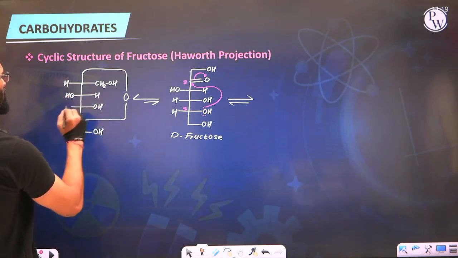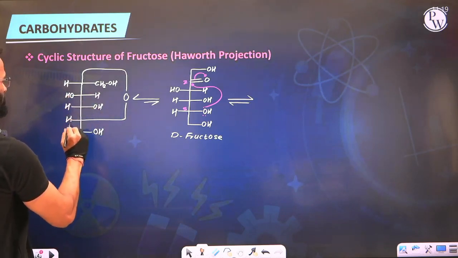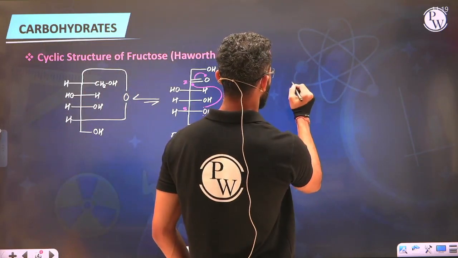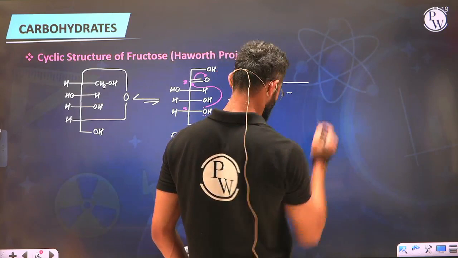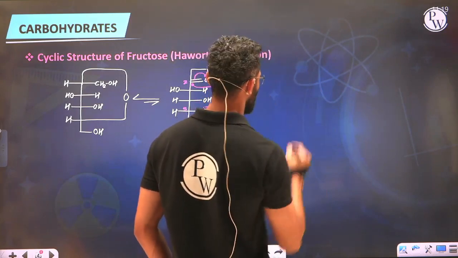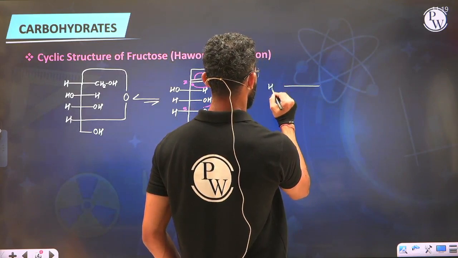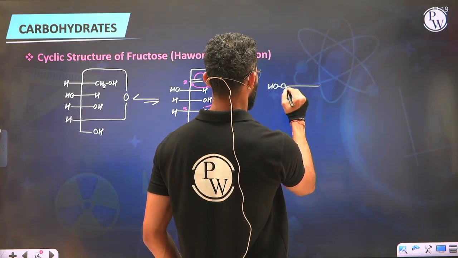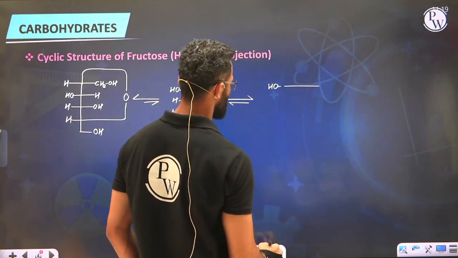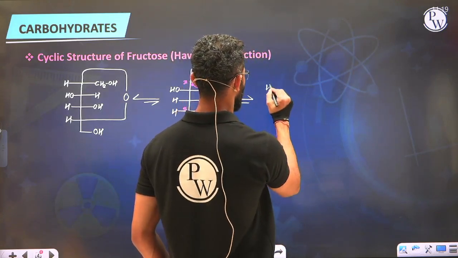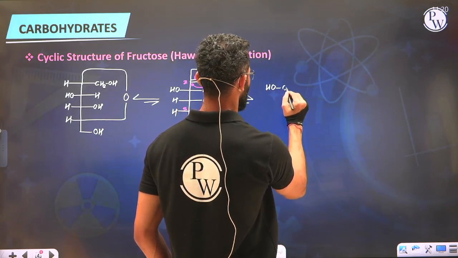Remaining valencies we are satisfying by H. Let me first draw it here as well. So let's say this is CH2OH.